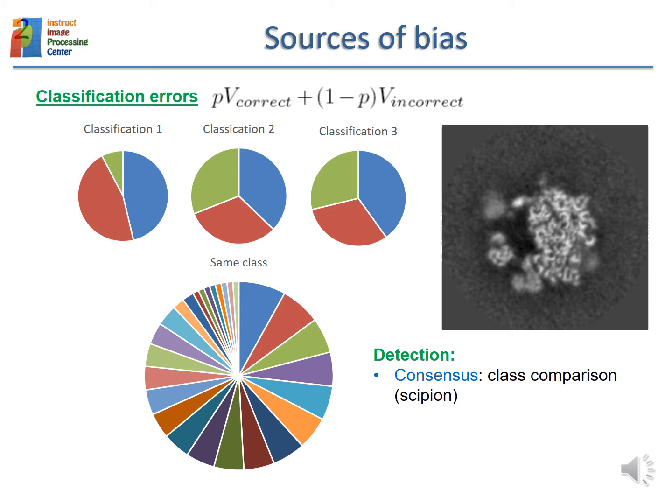Interestingly, we might think, okay, classification 1 for some reason went wrong, but then classification 2 and 3 agree with each other. But actually, we compute what are the images that were consistently classified together. We would expect that these green images and these green images were the same images, but in fact they are not.